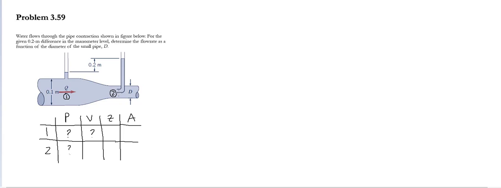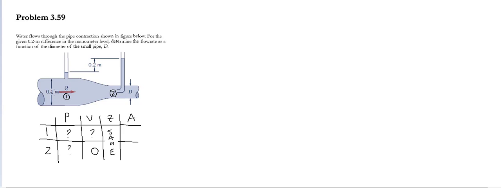And point 2, because it's going into this tube, has a dynamic pressure. It's a stagnation point, so the velocity will be 0. What we know about points 1 and 2 is that there is no difference between the elevations, so we're simply going to write that they are the same.